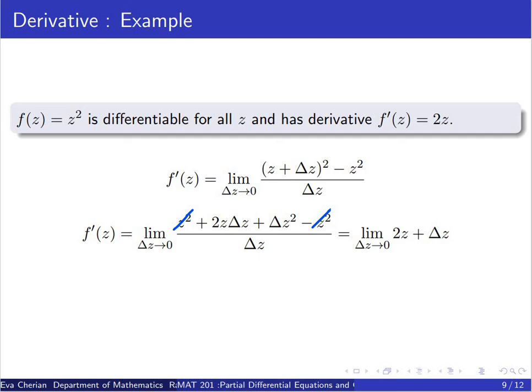Then dividing throughout by delta z, this becomes limit delta z tends to 0, 2z plus delta z. Now if we apply the limit delta z tends to 0, f dash z becomes just 2z. This calculation did not depend on the value of z. So for all z, f of z is differentiable and it has derivative 2z.